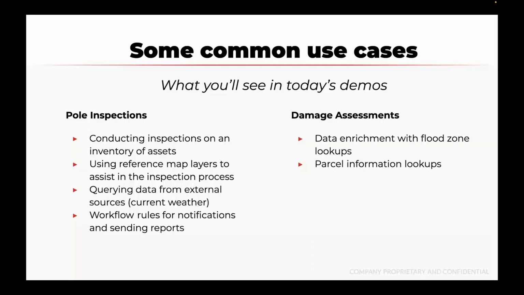And so that's an example of hitting, in this case, an Esri ArcGIS Online web service, and fetching the current zone at the location that the collector would be at. And then a similar example with parcel information from a service called Regrid, where they aggregate parcel information from municipalities around the country, and they provide a web service to allow lookups for parcel info, like property owner, zoning, things like that.